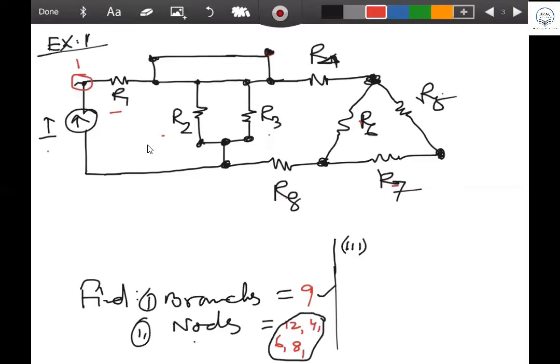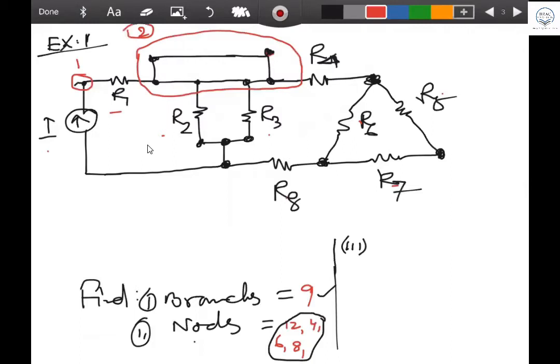Okay, this is node 1. And here, if you look, all the things in between squeeze into one point because there are no branches in between. So all this you can join together into one point, and that is node 2. This is the mistake most of you have made.